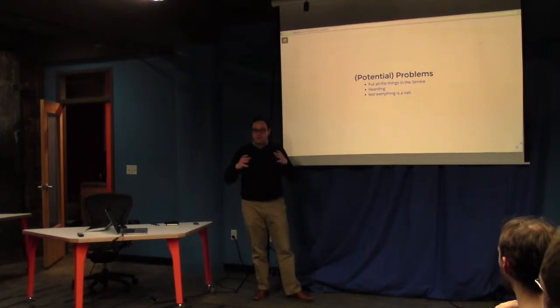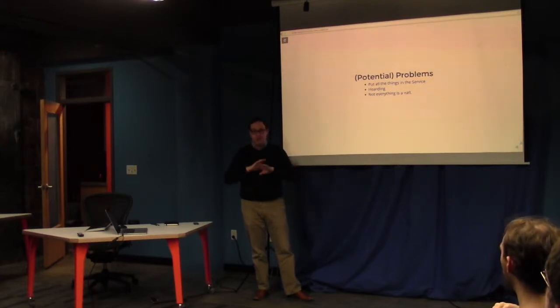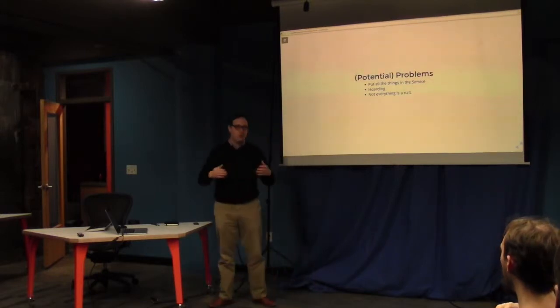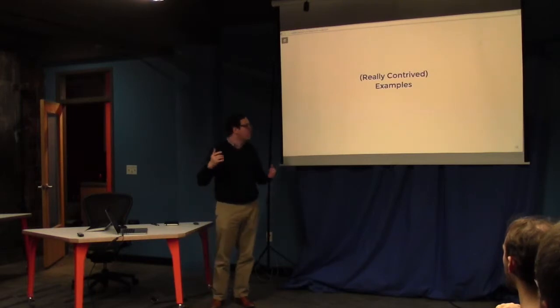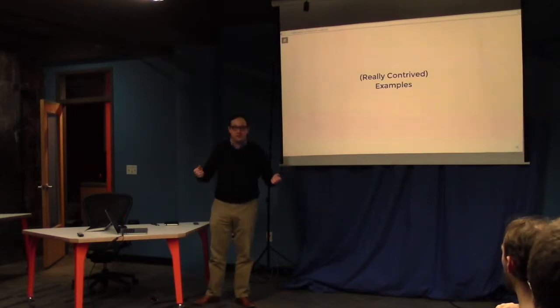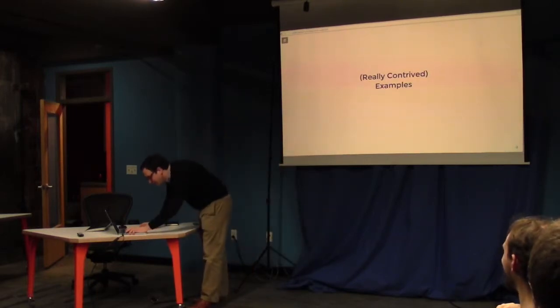You don't need to have full name in the service. You can create a filter. You could just template it out to show first name, last name. You could do something in the controller, whatever makes sense, but it doesn't need to be in the service, so don't go overboard with that. With that, we'll go into some really contrived examples.